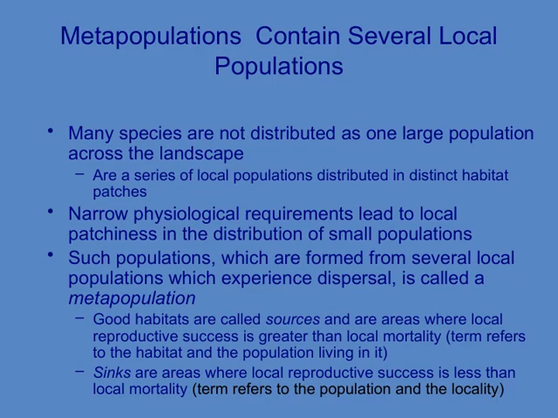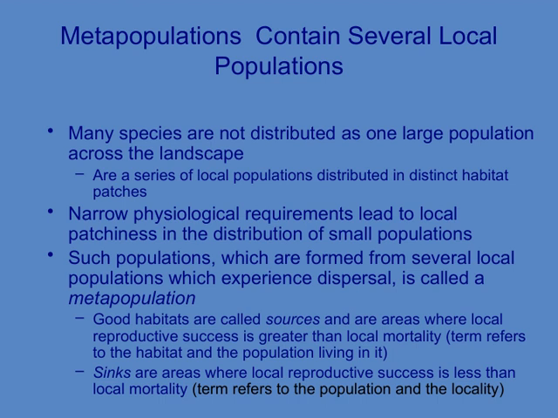Let's talk about metapopulations, which are essentially collections of several local populations. Many species are not spread out as one big, continuous population across the landscape. Instead, they consist of a series of smaller, distinct populations that are distributed across different habitat patches.